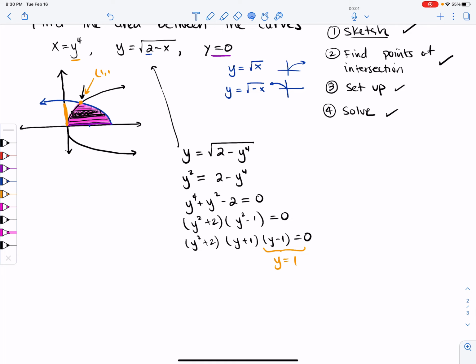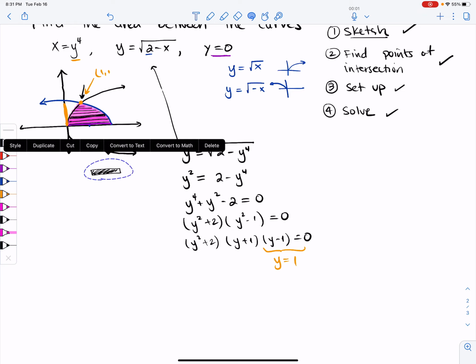When you create it, it's moving in a y direction. So when it moves in a y direction, you only have to set up one integral. If you want to know how we set it up with respect to x, just let me know and I can talk about it in a different video, or in class if we are taking the class this semester. So we are going to integrate with respect to y.